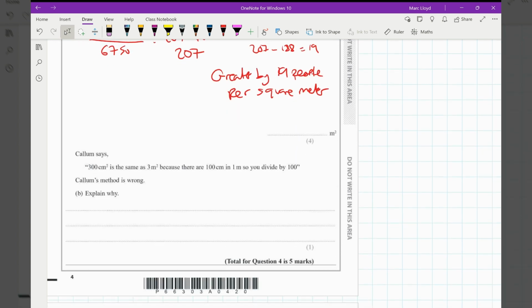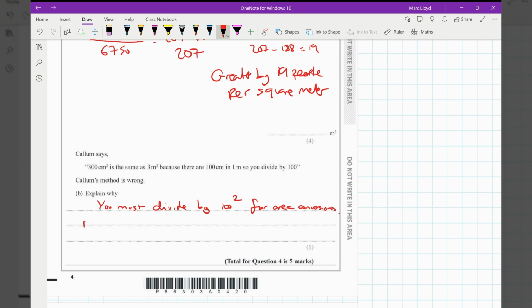Right, Callum says 300 centimetres squared is the same as 3 metres squared because there are 100 centimetres in a metre and you divide by 100. Explain why Callum's method is wrong. Well, I'm afraid you must divide by 100 squared for area conversions.